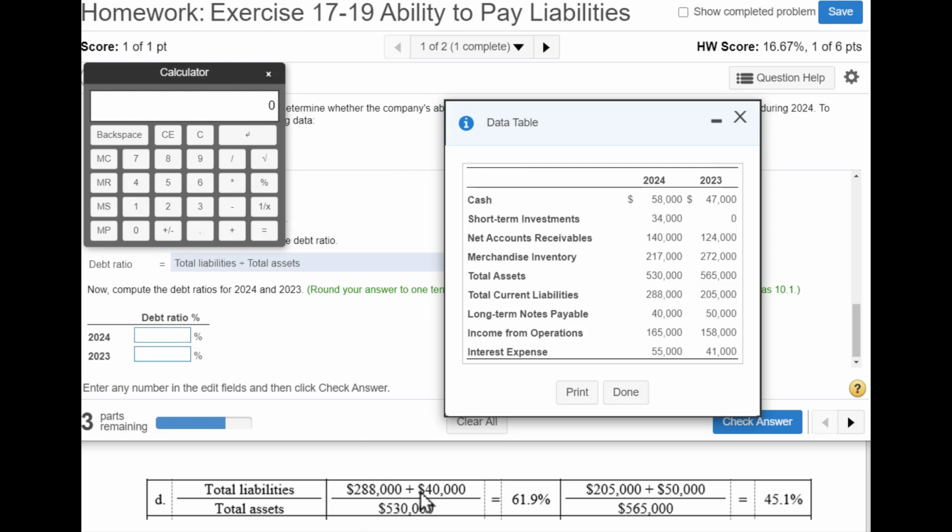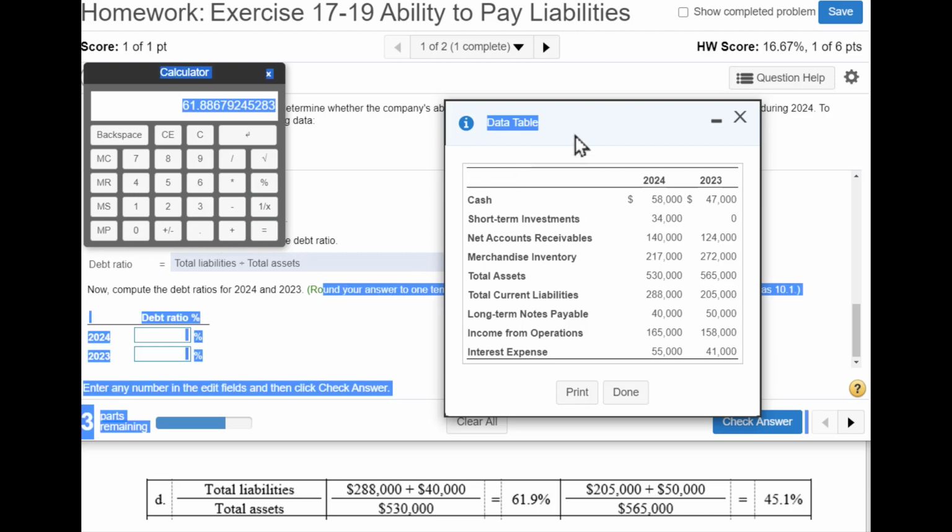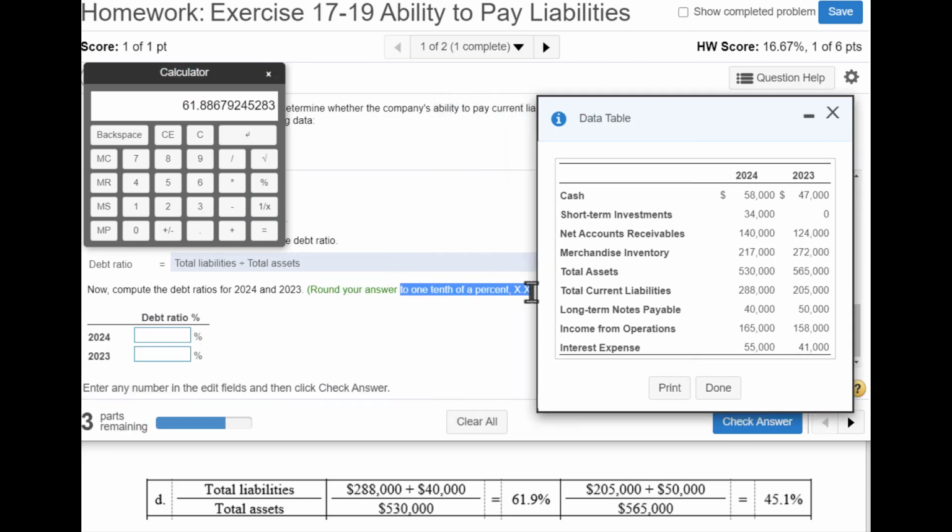So to do this for 2024, we're going to take 288,000 plus 40,000 gives us 328,000 on top divided by 530,000 equals, now we have to convert that to a decimal, so we multiply by 100. And then this says round your answer to 0.1%, so x dot x. So this becomes 61.9%.